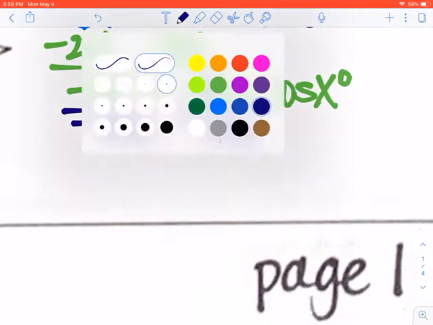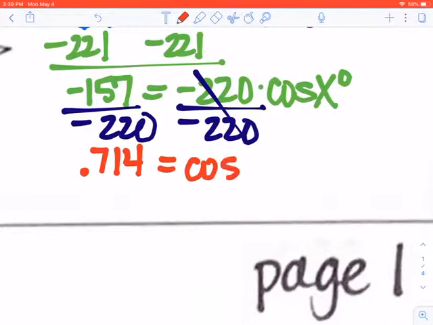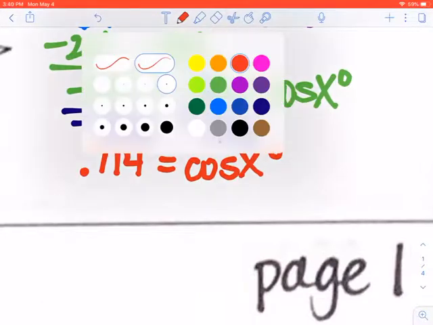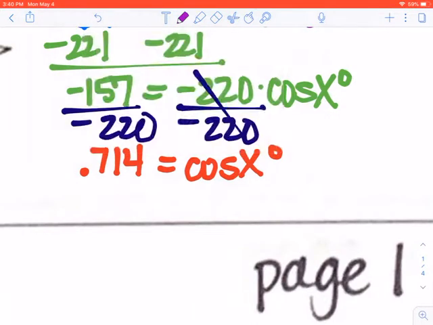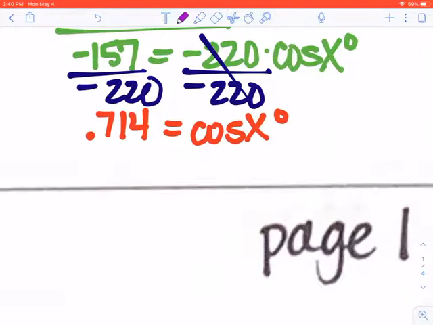And I have negative 157 over negative 220 is going to be a positive 0.714. That is equal to your cosine of x degrees. Okay, so I did all that work. I subtracted and then I divided, and negative 157 over negative 220 is positive 0.714. That's equal to the cosine of x.